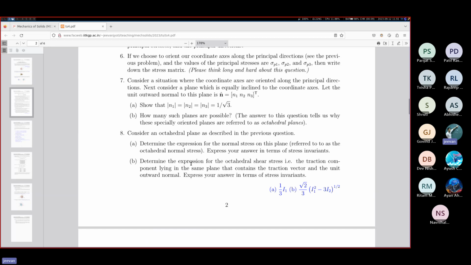One may very well ask, is it just a mathematical curiosity that you find out these kinds of complicated algebraic formulas and give them a fancy name like octahedral normal stress and octahedral shear stress? It is not actually that. So now you're in your 3rd semester. In your 5th semester, you will do one course called Design of Machine Elements.